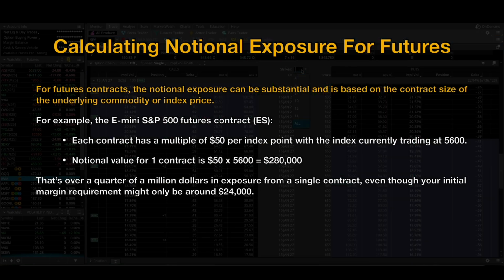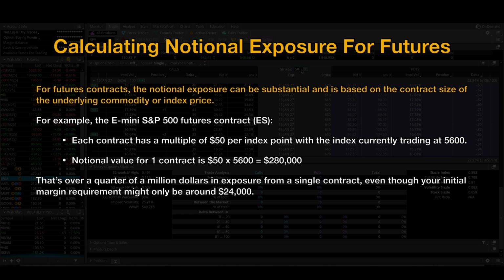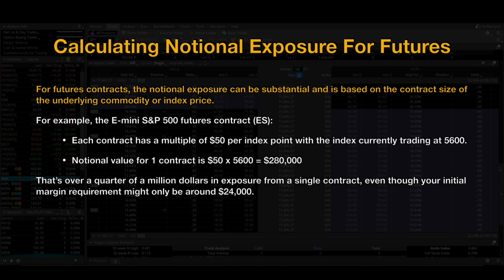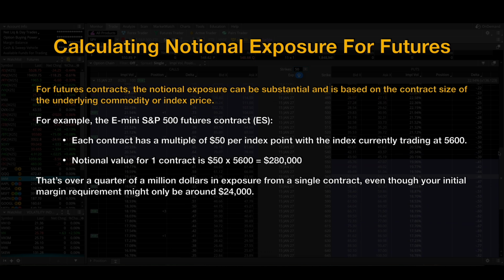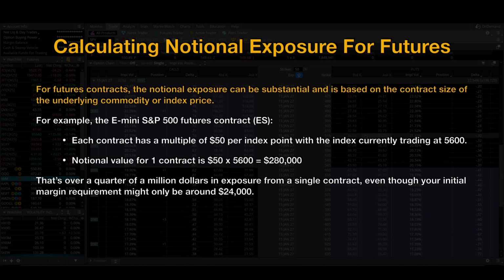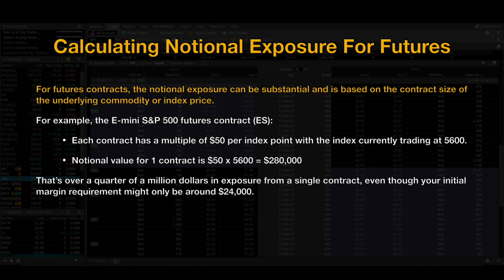Next, let's talk about calculating notional exposure for futures. For futures contracts, the notional exposure can be substantial and is based on the contract size of the underlying commodity or index price. For example, the E-mini S&P 500 futures contract, /ES, has a multiple of $50 per index point, with the index currently trading at 5,600.